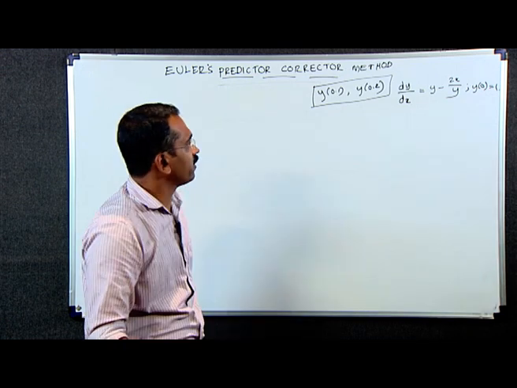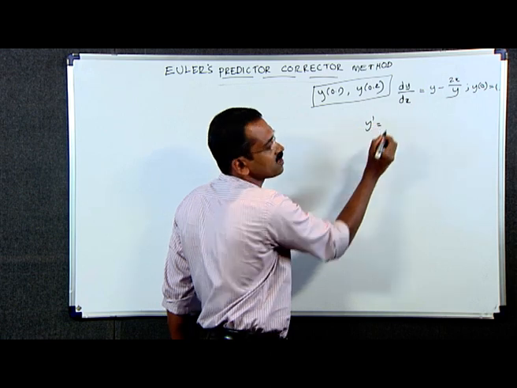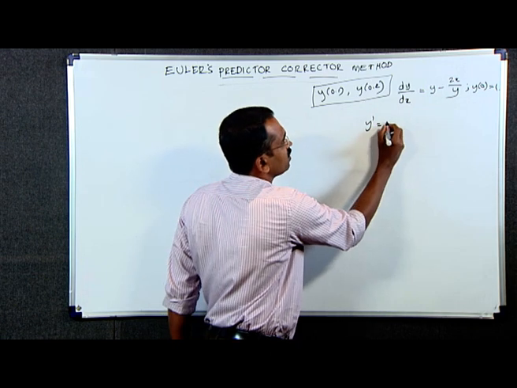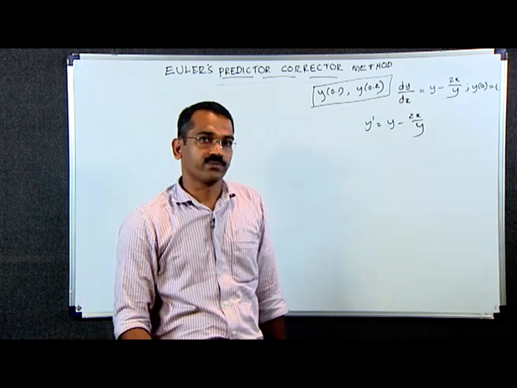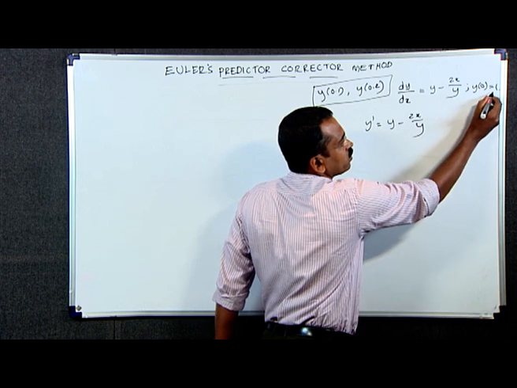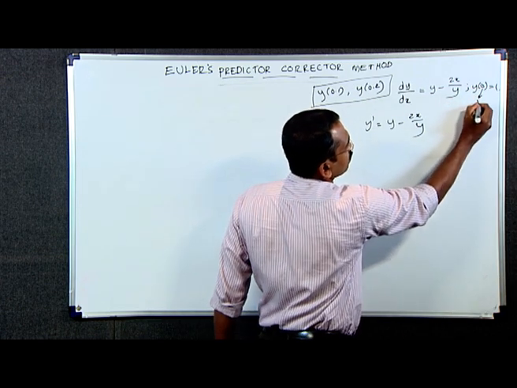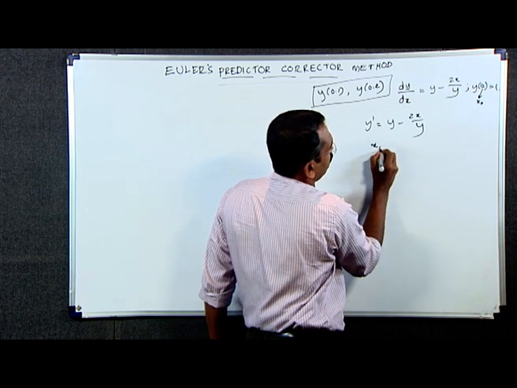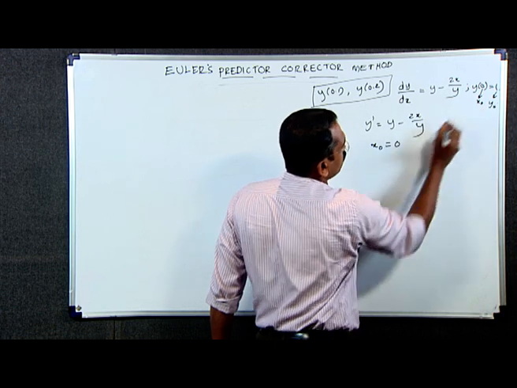The given differential equation may be written as y dash is equal to y minus 2x divided by y. Here y of 0 equal to 1 means that x naught is equal to 0. That is, we take x naught is equal to 0, y naught is equal to 1.